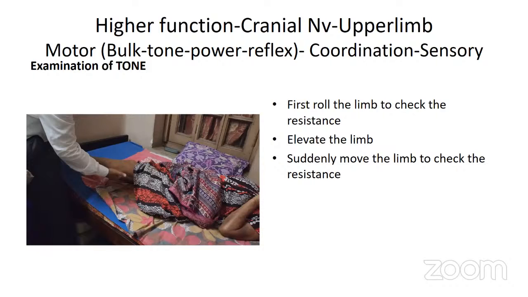The patient sits on a stool or a chair, and you ask the patient to keep both hands on the waist, so that once the patient rotates from the sagittal plane, you can easily check the amount of rotation, and you have to see from above. The examiner checks the rotation of the dorsal spine from above the head, so that you can easily understand how much rotation is on the right side and how much on the left side. For the lumbar region, you have to check the forward bending as also the backward bending.